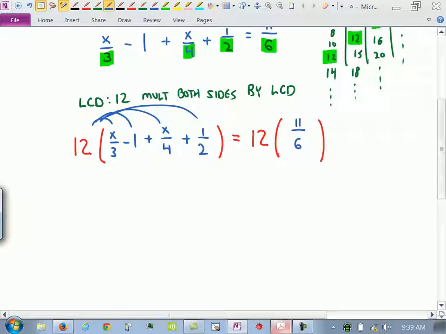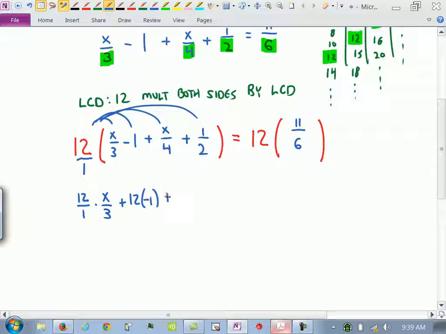So we remember that 12 is 12 over 1, right? So when we do this first multiplication, 12 over 1 times x over 3, I'm going to show a little more work because when I sat down with a couple of students giving help to them, I found that writing that step helped out a little bit. That's my first multiplication. My second multiplication will be 12 times negative 1.